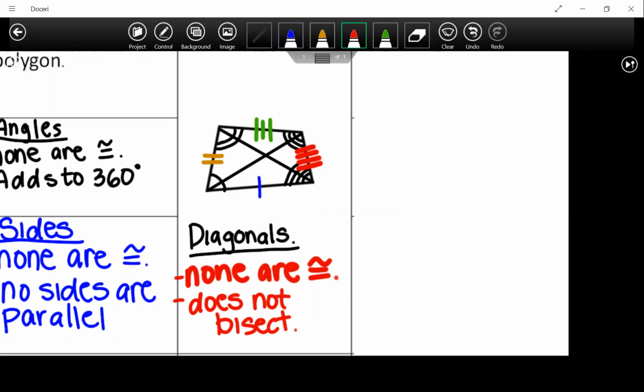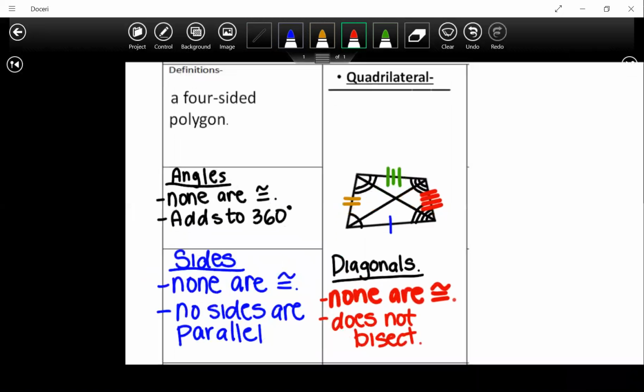How about this? What does bi mean? 2. So bisecting means splitting into 2. Okay. It does not split up the parts into 2. Could it? Yes, sometimes, but not all the cases. In a regular quadrilateral, we get none that split it into 2. And that's all you really want to have for that one.